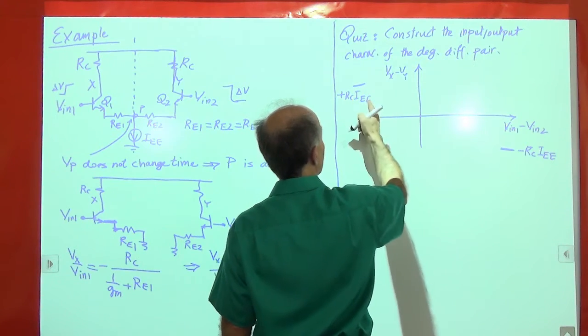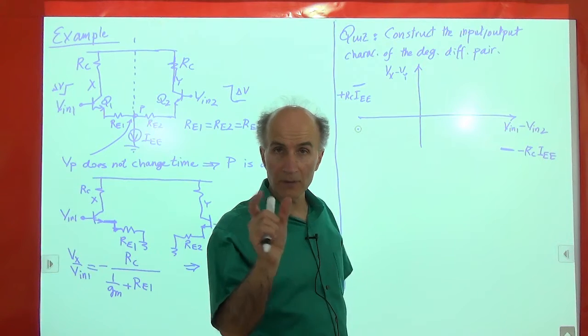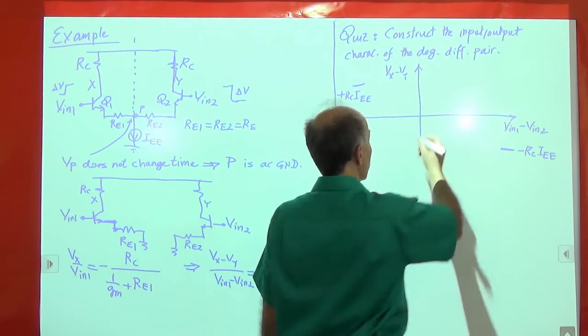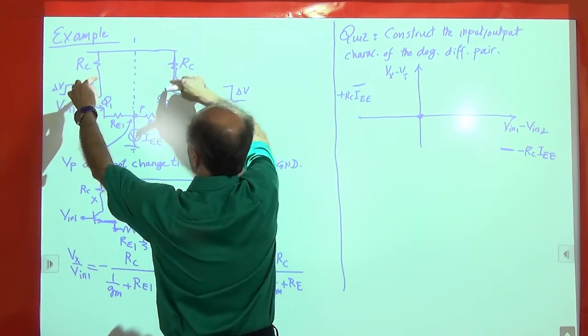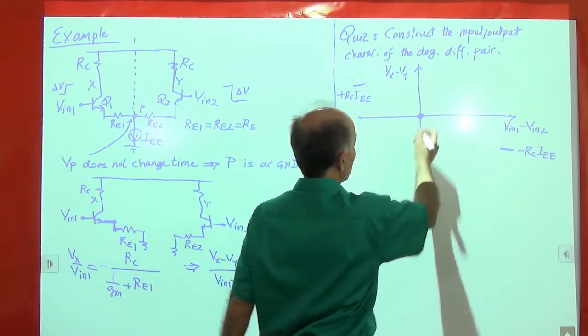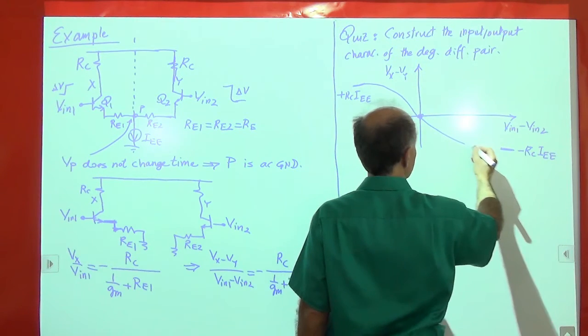You can see that in these equations, these values are independent of the emitter degeneration resistance. Also we know that it has to go through here, because if the difference between these two is 0, the difference between these two is 0, because of symmetry. So it goes like this, and something like that.